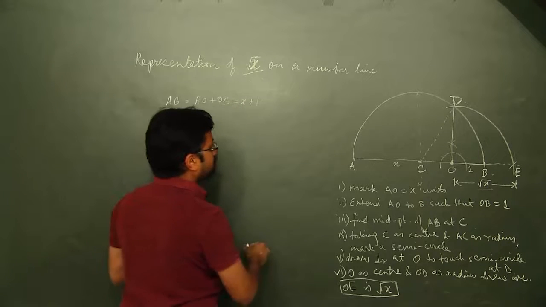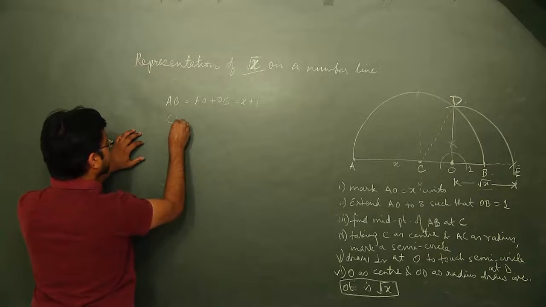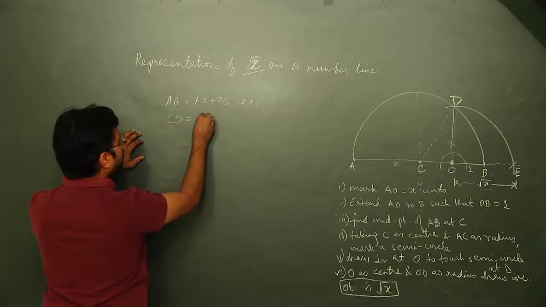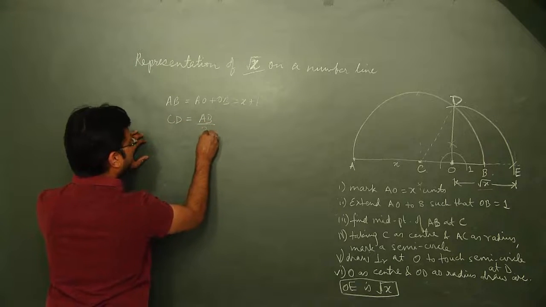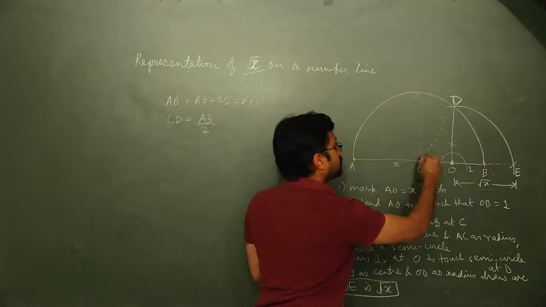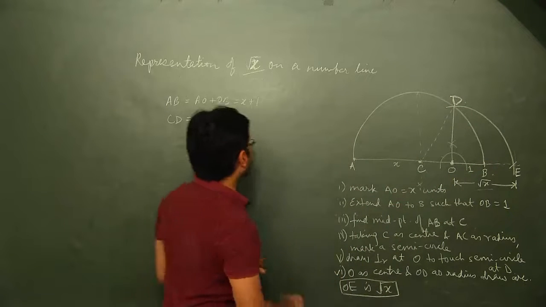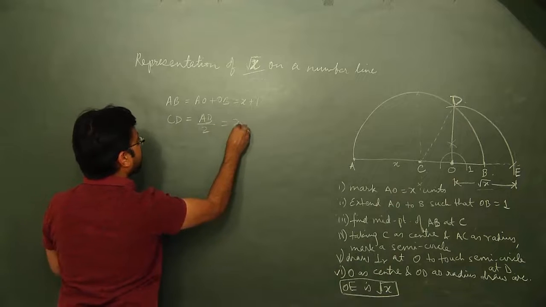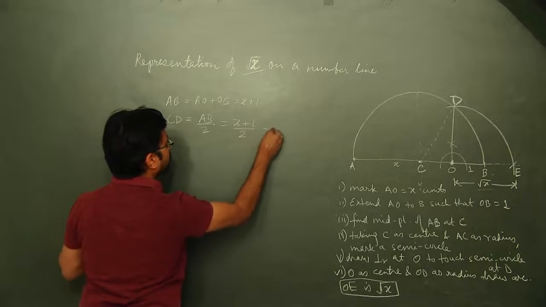X plus 1 units. What is CD? CD is equal to AB by 2. Why? CD is the radius of the semicircle, AB is the diameter, so CD will be half of AB. So this CD will be x plus 1 by 2.